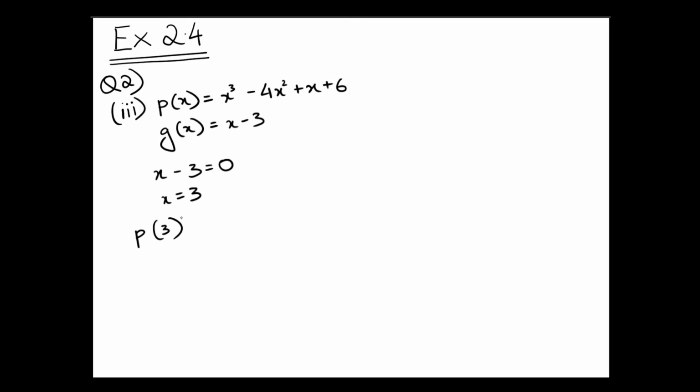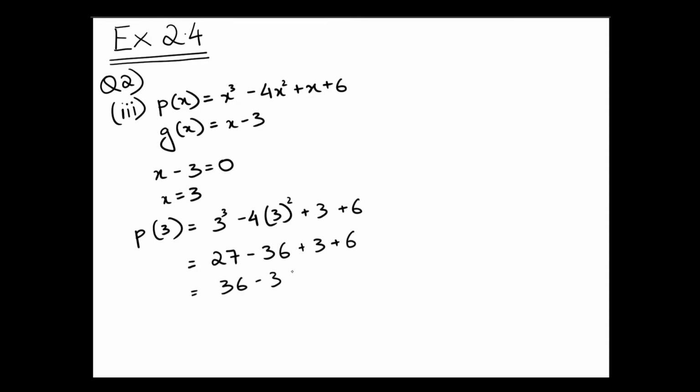Now to check using factor theorem, we'll substitute 3 in the polynomial p of x, giving us p of 3 is 3 cube minus 4 into 3 square plus 3 plus 6. This gives us 27 minus 9 fours are 36 plus 3 plus 6.